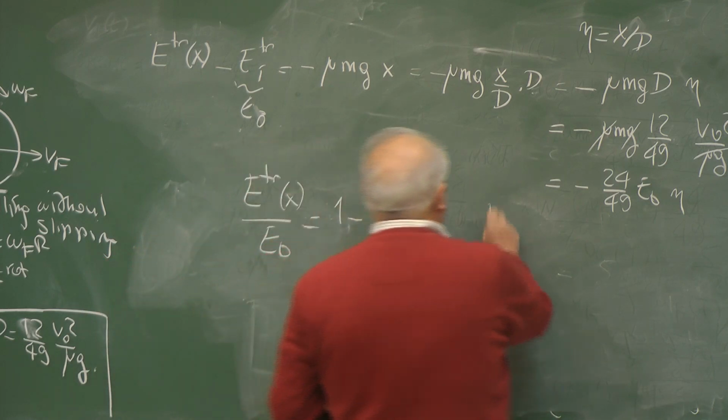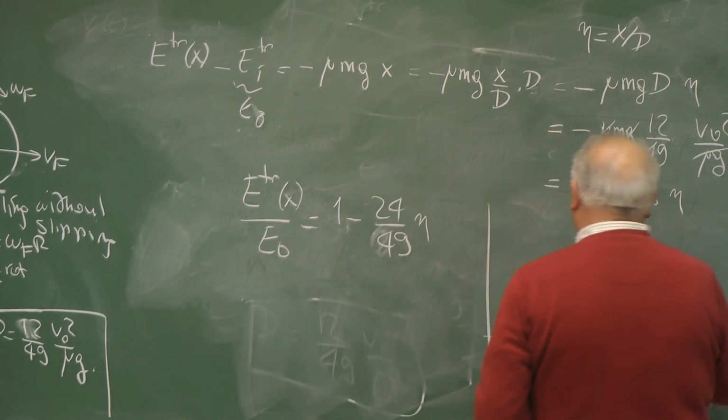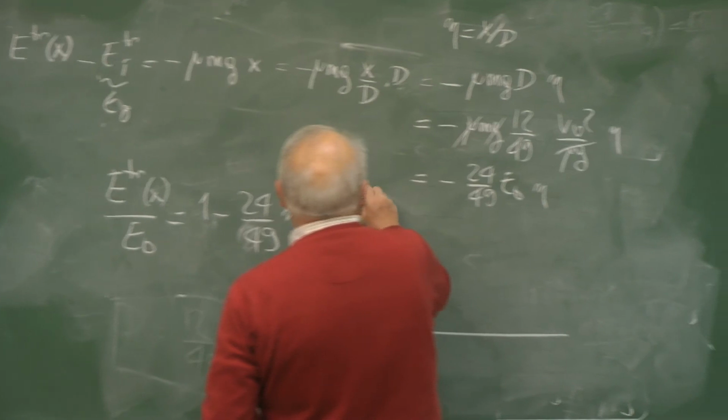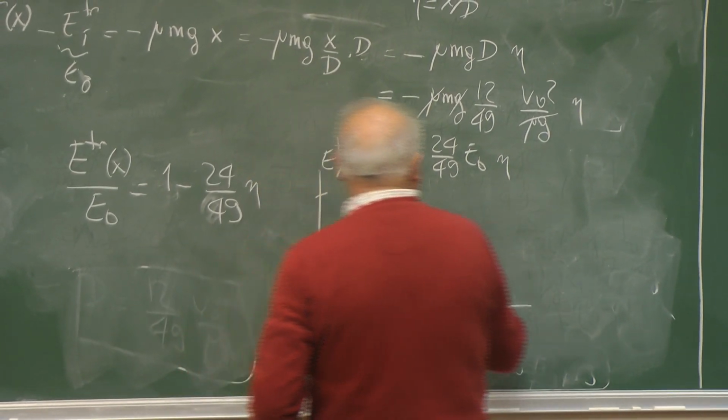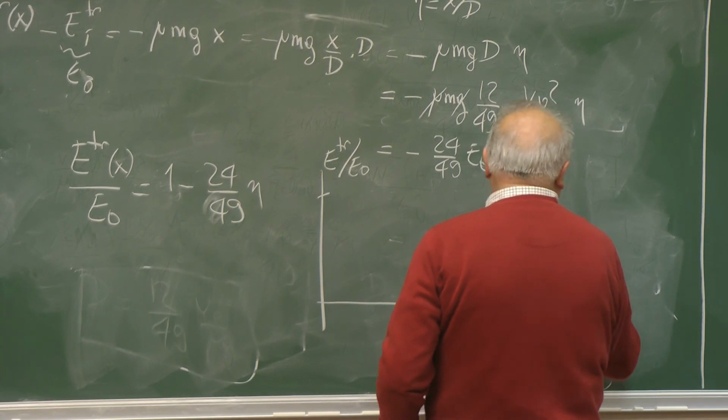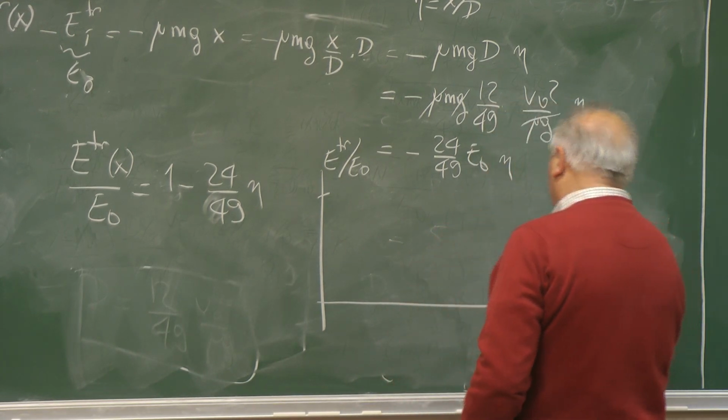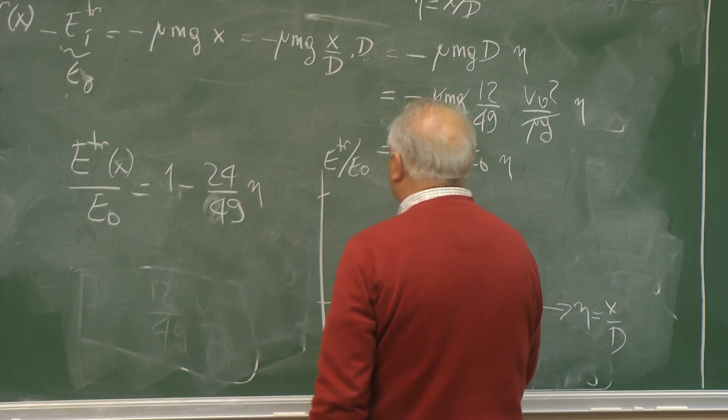So if you plot here E translational over E0, this is eta, which is x over d. So this is 1.